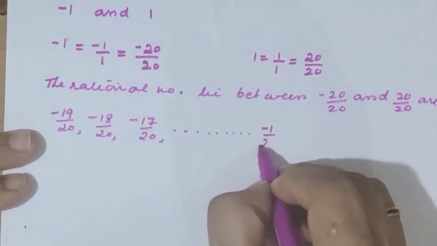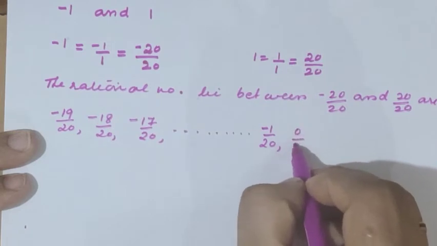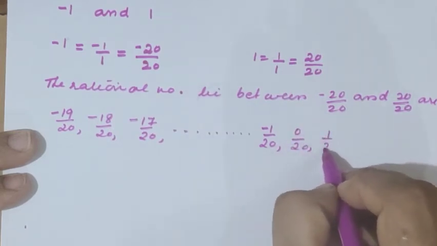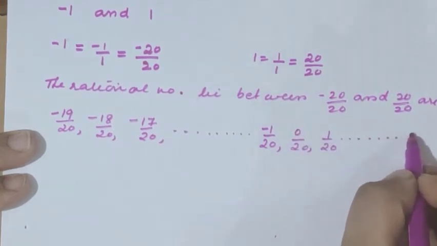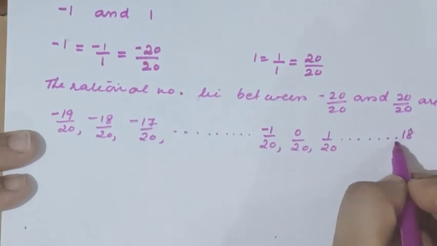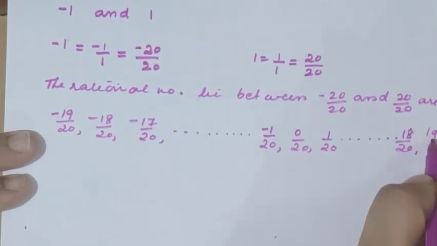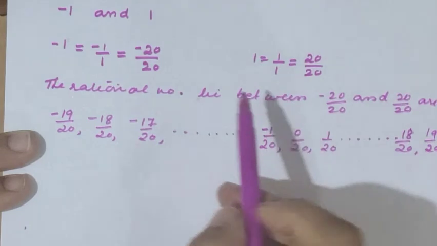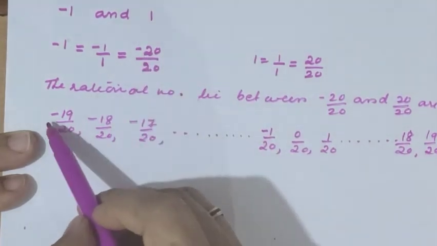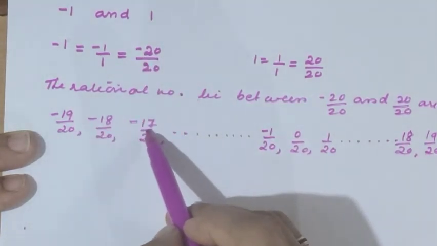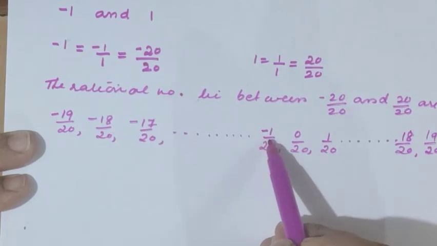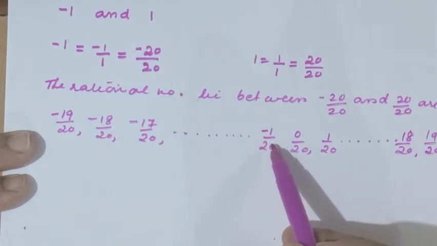Somewhere it will be minus 1 by 20, 0 by 20, then 1 by 20, again continuing up to 18 by 20, 19 by 20, right? Because here minus 20 starts, so minus 19, minus 18, minus 17, up to minus 1 by 20, all the negative numbers we have considered.